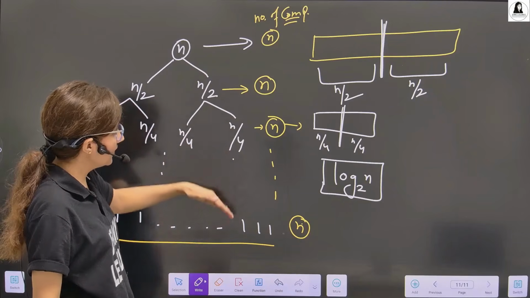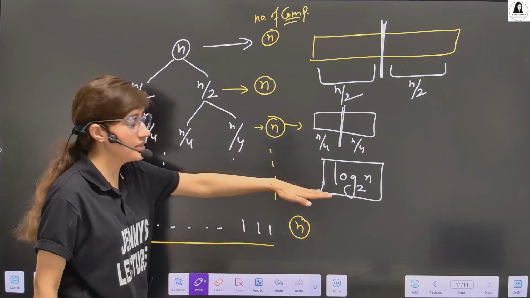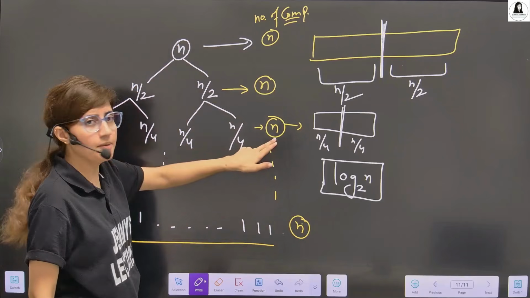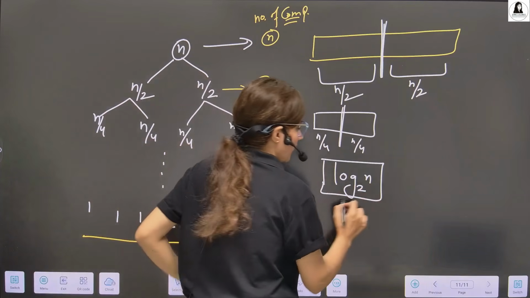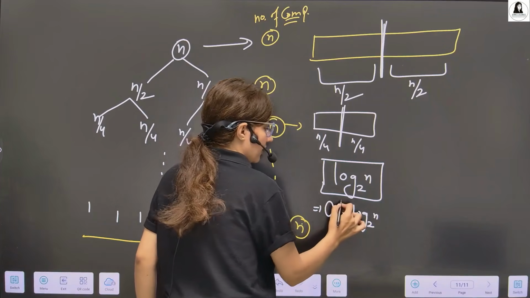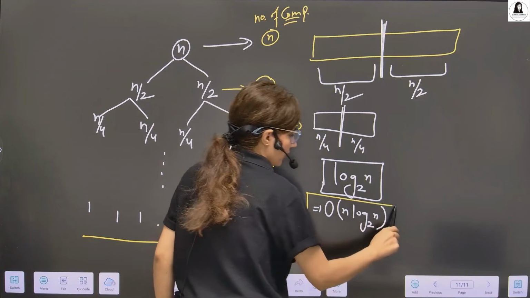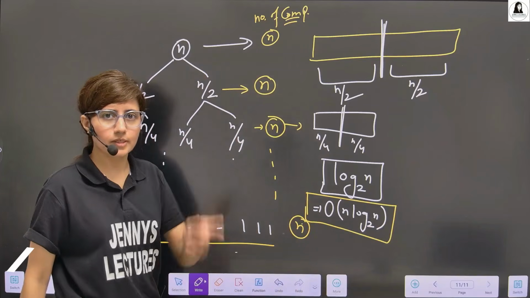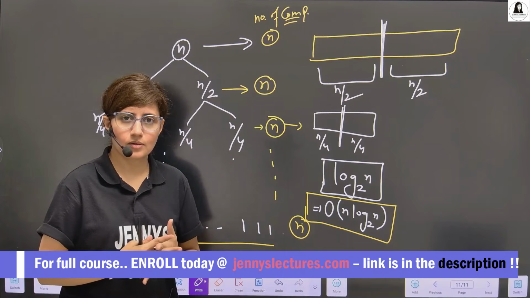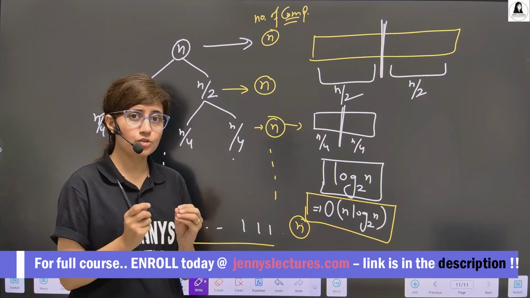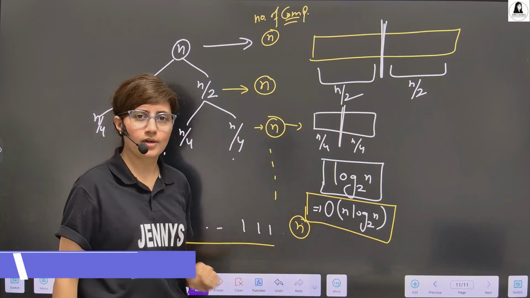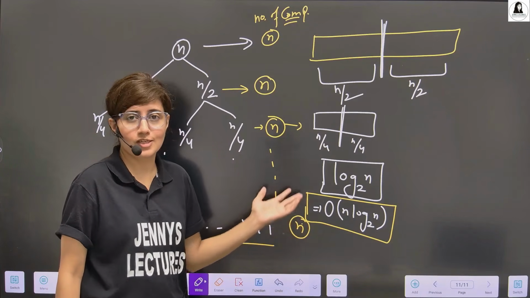So the number of levels is log n, and at every level we make n comparisons. So the total number of comparisons is n log n. That's why the time complexity in the best case is n log n. In the worst case, n square. In the average case also, it's n log n. So quick sort is a little better than the previous ones, because the time complexity is reduced to n log n. But still, in the worst case, it's n square.